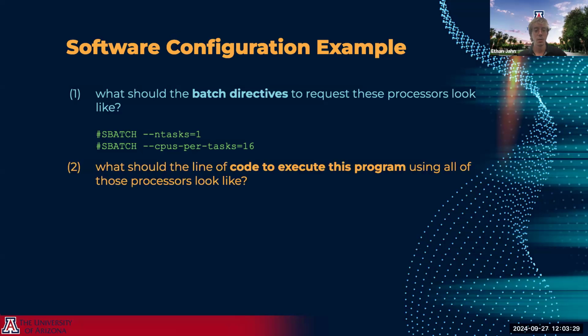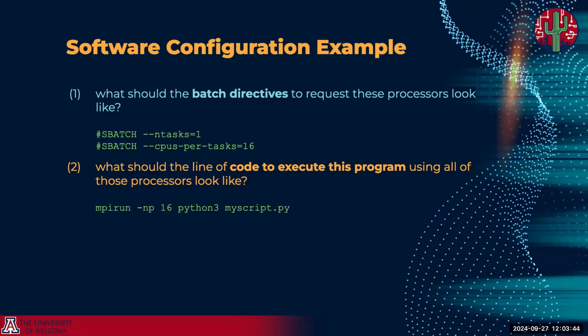And how about the line of code to execute that program? Normally, you would just run python3 myscript.py in order to execute that program. But when we're using multiple processors, when we want to invoke that multiprocessing library, we will need to make a call that looks more like this, where we're invoking mpirun and number of processors equals 16 in order to get that Python script to utilize those CPUs.